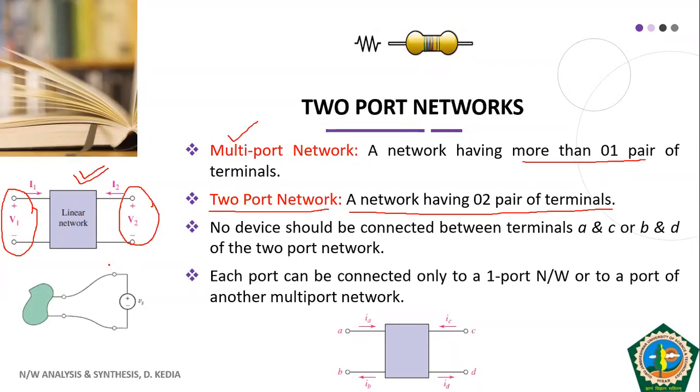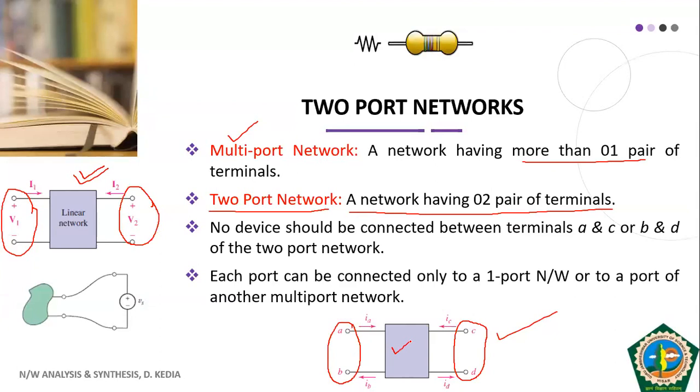Okay, so here we are representing our two port network with this. Your first pair of terminals is represented by A and B, and your second pair of terminals is represented by C and D, and in between you have some linear electric network.